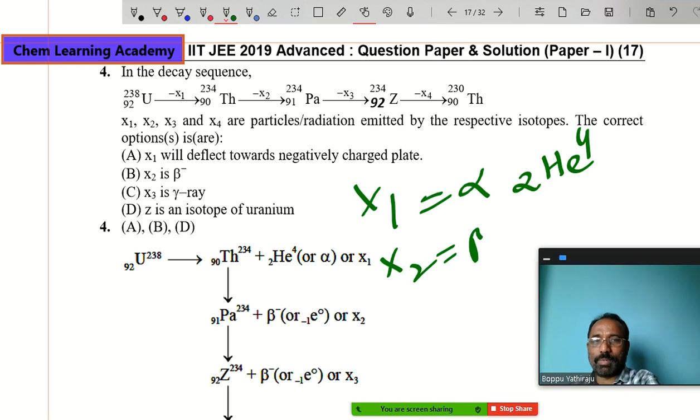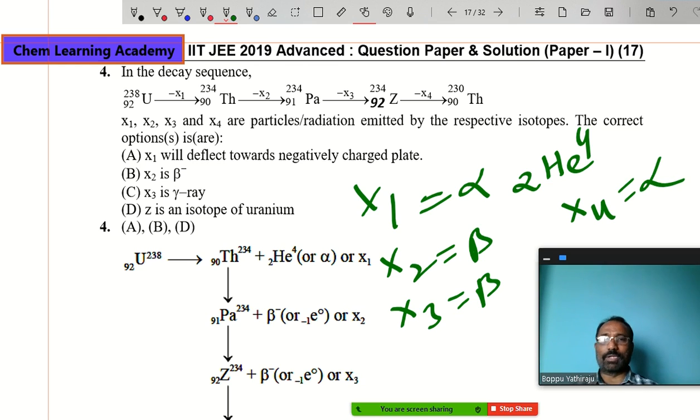Therefore, X2 is a beta particle. Next, protactinium emits X3 particle to give 92Z 234. Here atomic number increased by 1 unit, no change in mass number. Therefore, X3 is also a beta particle. And 92Z 234 gives 90 thorium-230, here atomic number decreased by 2 units and mass number decreased by 4 units. Therefore, X4 is also an alpha particle.